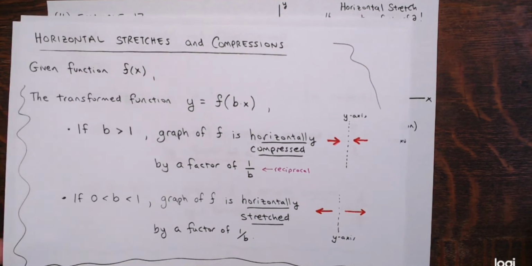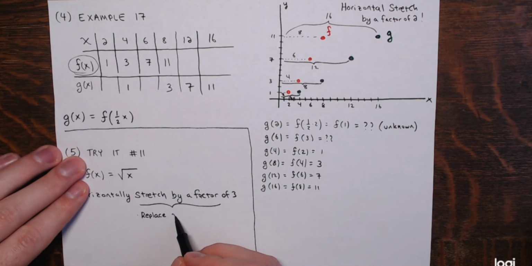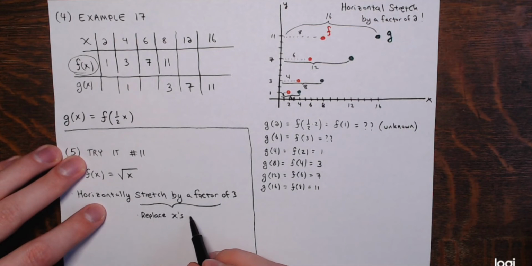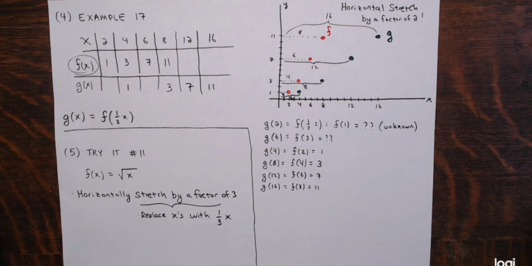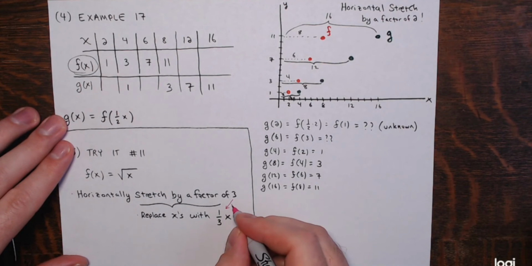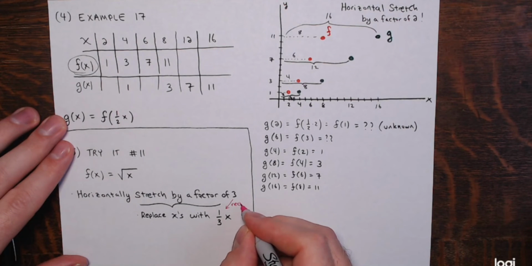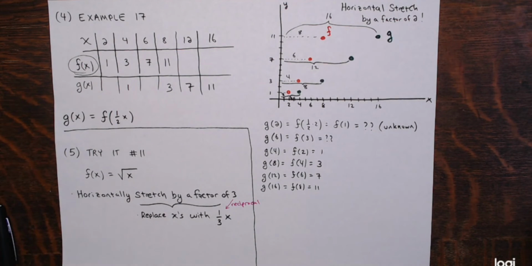So we're going to replace all the x's in the rule with not 3x, but the reciprocal, 1/3 x. If I want it to stretch by a factor of 3, we have to replace x by the reciprocal of that, 1/3 times x.